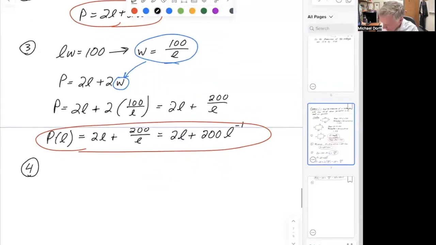Okay, so now we have a function in one variable, and the next step is we use the second derivative test. So I'll take my function, P of L, which is 2L plus 200 L to the -1, and take the derivative of it.